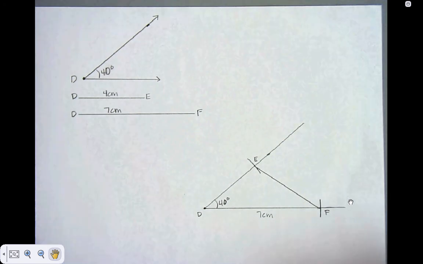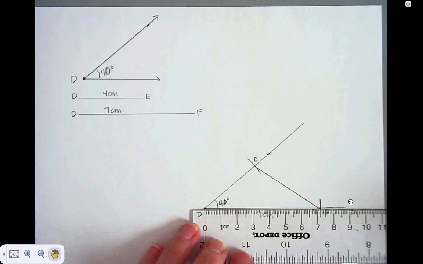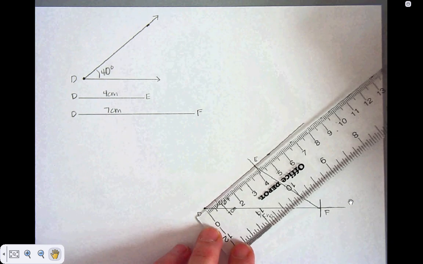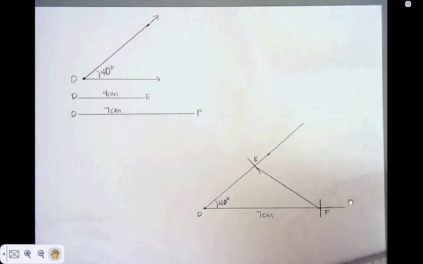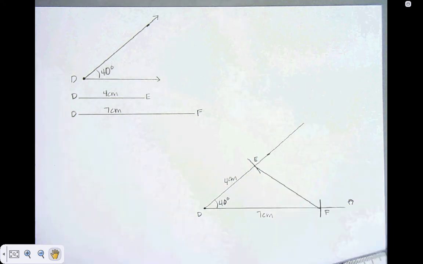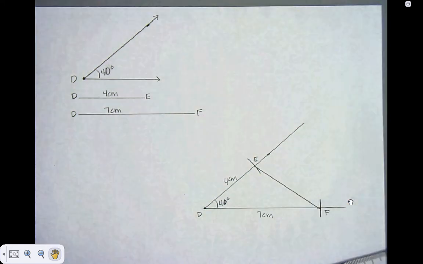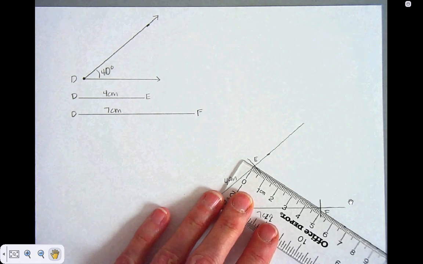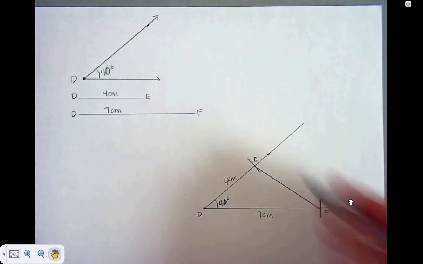So now they've asked us to measure these. Well, let's double check. So here is 7 centimeters. Here is 4 centimeters, and we'll go ahead and label this. And so now what is the length of your line segment from E to F? And it looks like it's about 5 centimeters.